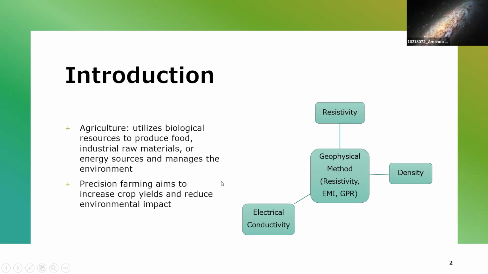Geophysical methods are used for precision farming because from them we can get information about the physical properties of the Earth's subsurface, such as resistivity, electrical conductivity, density, and so on. From those physical properties, we can know about the condition of the soil, such as water level, salinity level, and fertilizer content.